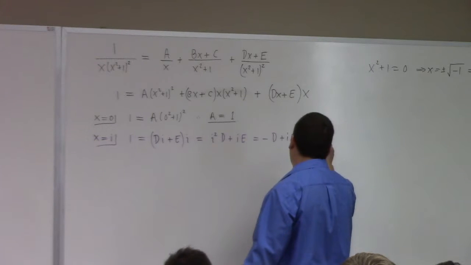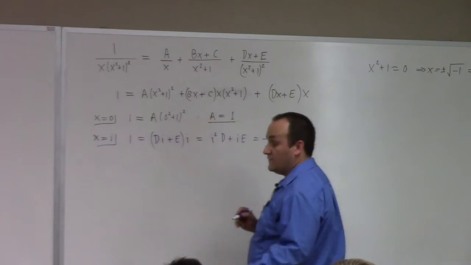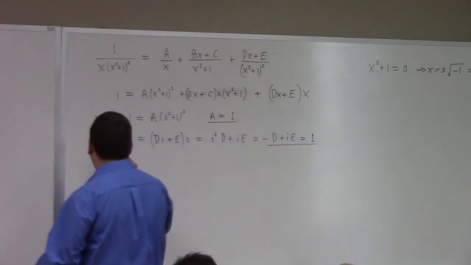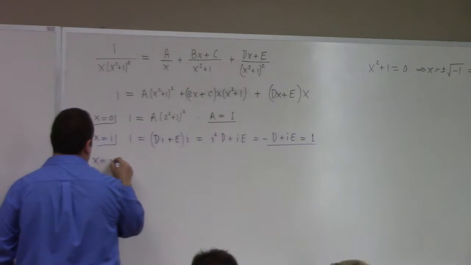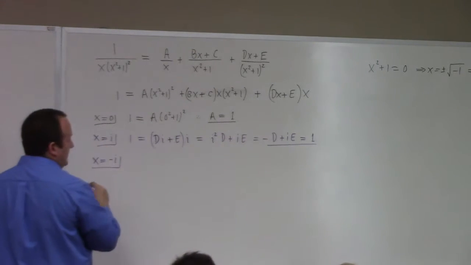So there's one equation. There's another really easy equation to get from plugging in imaginary things. The other root is minus i. That's pretty easy to do too.